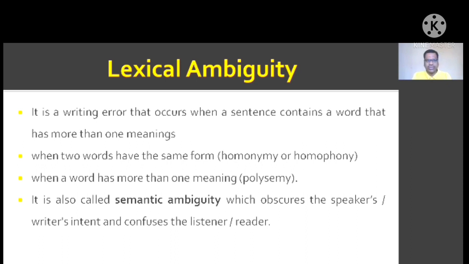So as a whole, you can say this lexical ambiguity is creating confusion in the mind of a listener or reader based on either the multiple meanings of a word, forms of a word, or else, as I said, you have homophones, homonyms, polysemy words, so on and so on.